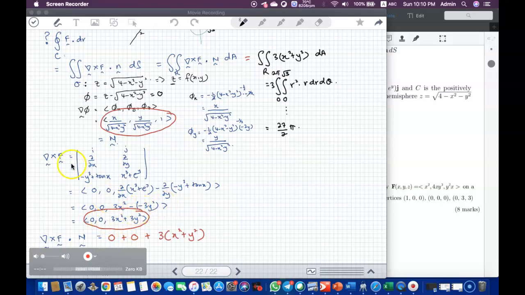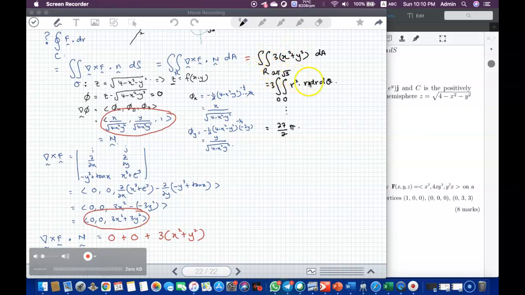So that is your curl F, and then curl F dot with the n, where you multiply each component, and we got only 3x squared plus x squared, and we substitute here. Now this reduces to a regular double integral that you have learned before.